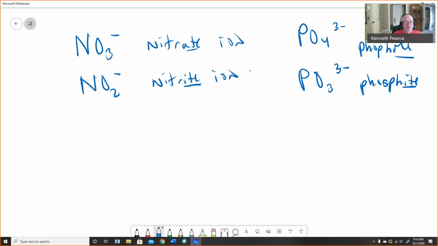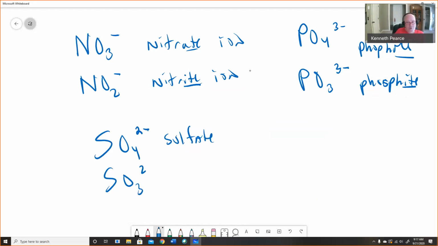They go one less oxygen to become an ite. And so you can have, say, sulfate versus a sulfite. And finally, if you put an H in the front, they become bisulfate or biphosphate. And so you can have an H, SO4 minus, and this is bisulfate.